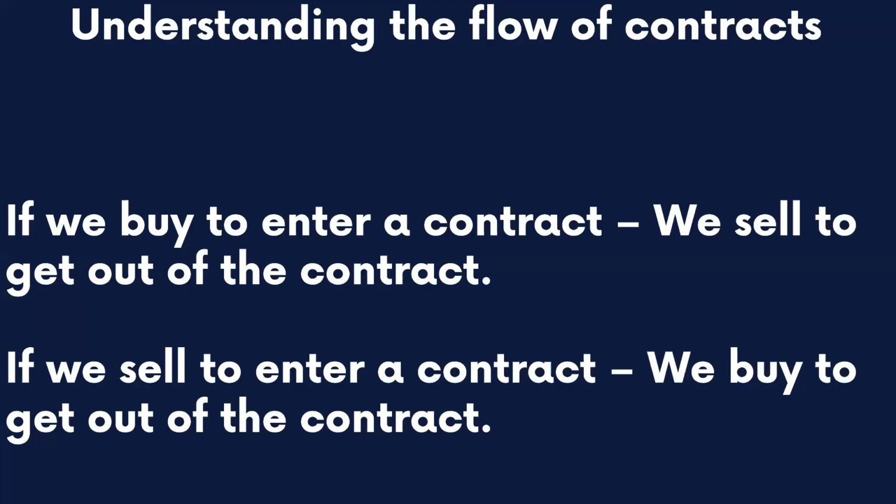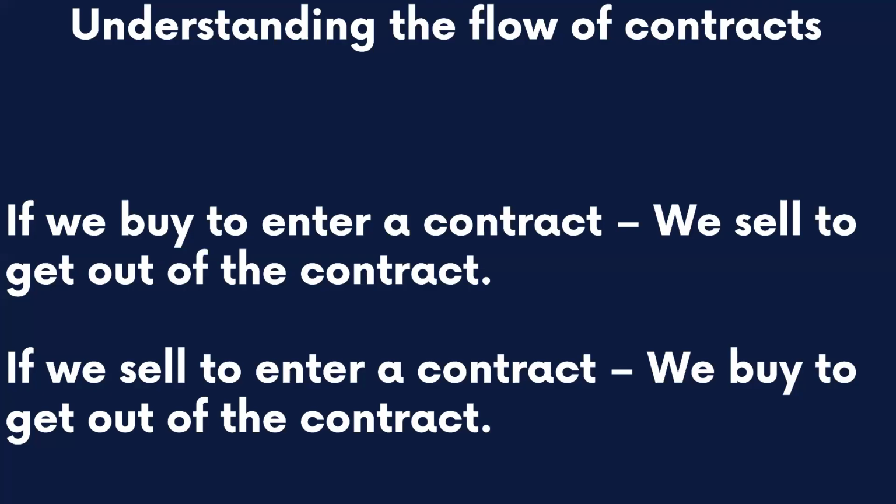If I buy the contract, I sell it to get out of it. If I sell a contract to start with, meaning I agree to deliver that commodity at a certain date, at this price, to get out of that contract, I have to buy it back to get out of the contract.